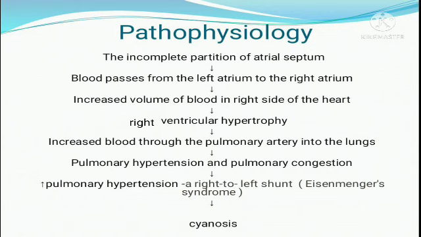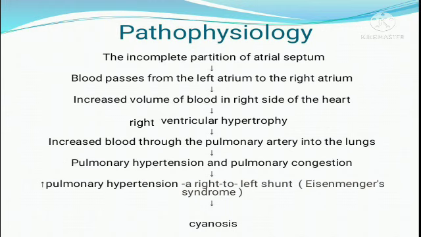So what happens? An increased volume of blood comes to the right side of the heart, so the right side of the heart gets overburdened. It undergoes hypertrophy, as more blood is coming than normal.